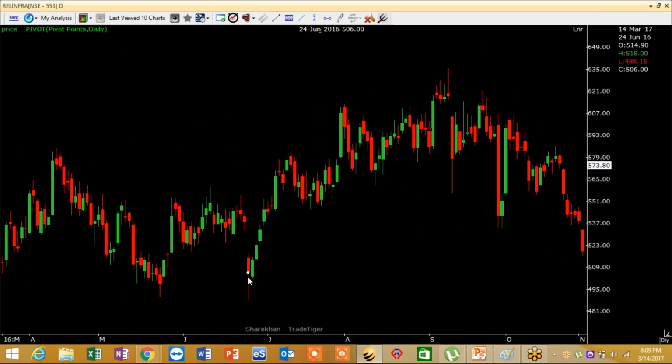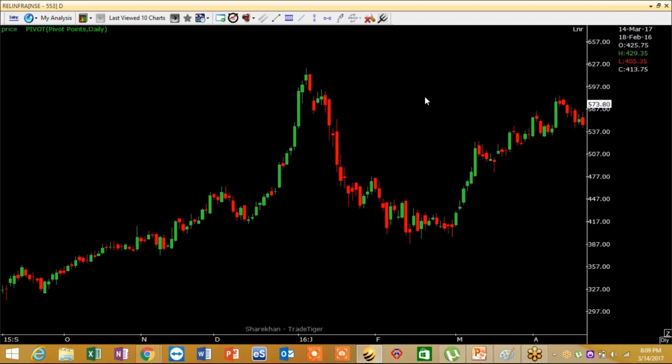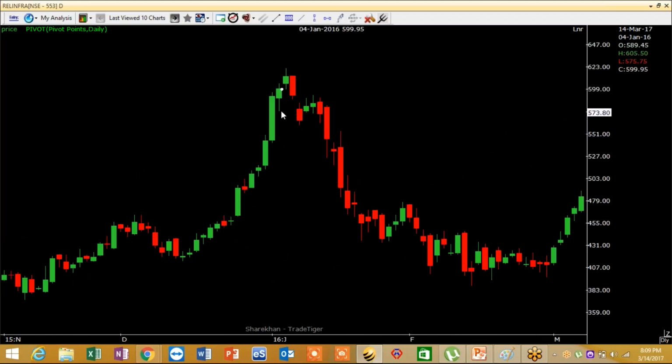See here, again a type of entry that we will be looking for. You can see this red also. Acha, see this green over here. What does this single candle tell you?